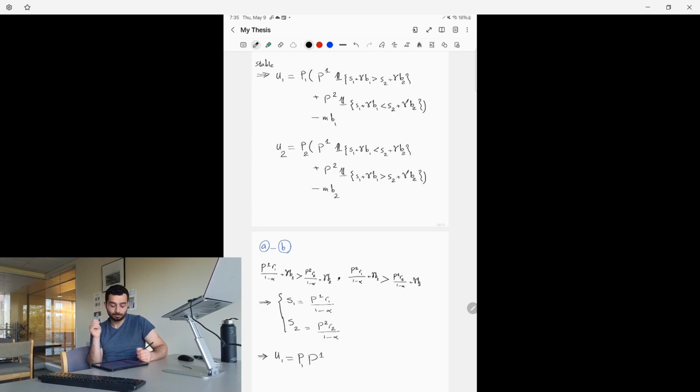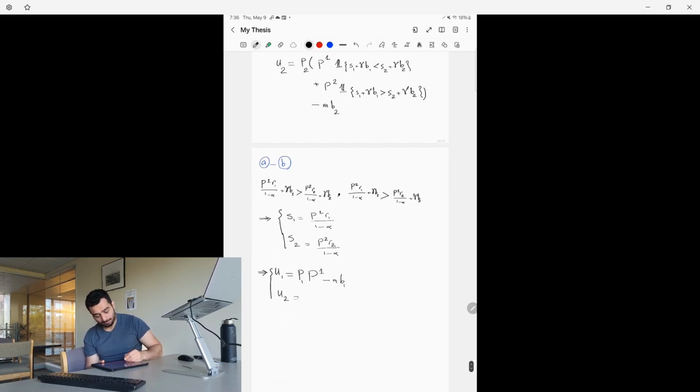S1 plus gamma B1 will be greater than S2 plus gamma B2. So U1 is P1 minus M B1, and U2 will be P2 minus M B2, right?